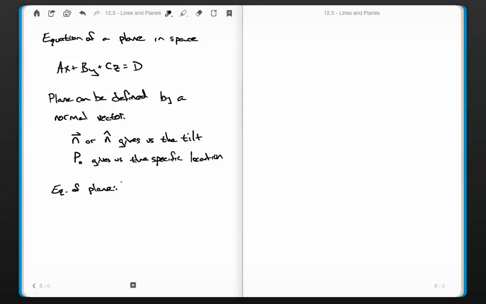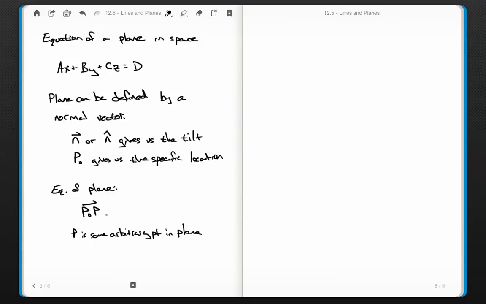P is some random point, let's call it arbitrary, in the plane, and p0 is our defining point, okay?